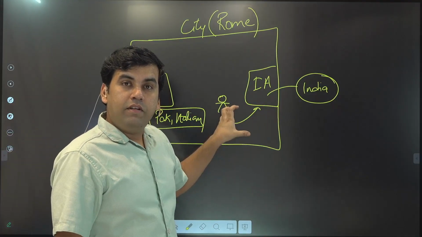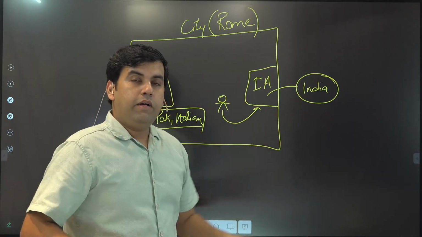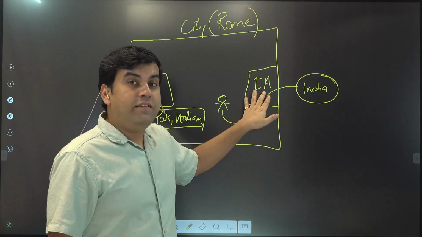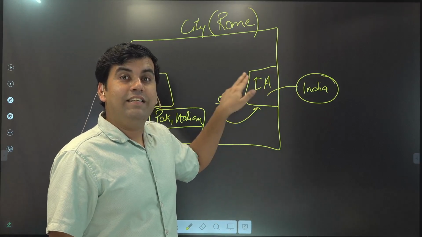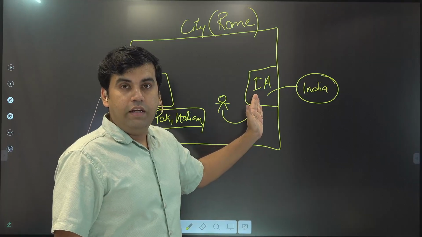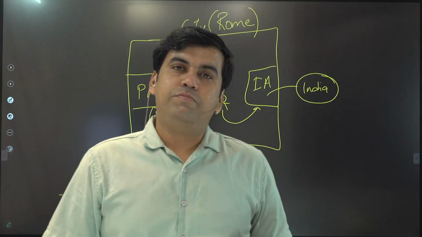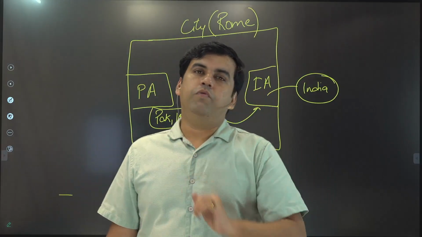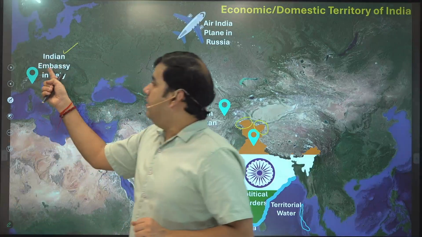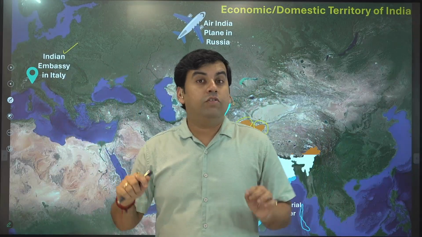Although this person is physically in Italy, as per international law he is on Indian soil. This is India's territory. So embassies are considered the domestic territory of their respective countries, irrespective of where they are. First thing first, the Indian embassy in Italy or anywhere in the world is considered to be India's domestic territory.